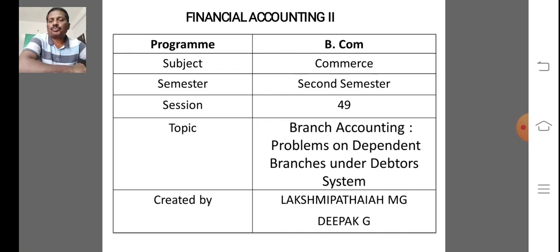In the books of head office, branch account is maintained. So we debit all the opening assets, credit all the opening liabilities, debit the goods sent to branch account, that is goods from head office to branch, and credit the goods sent to branch account, that is goods returned from branch to head office, and debit the bank account, that is amount remitted from head office to meet expenses.